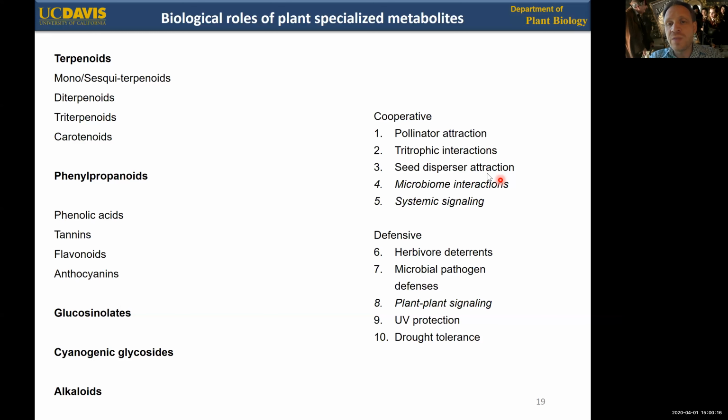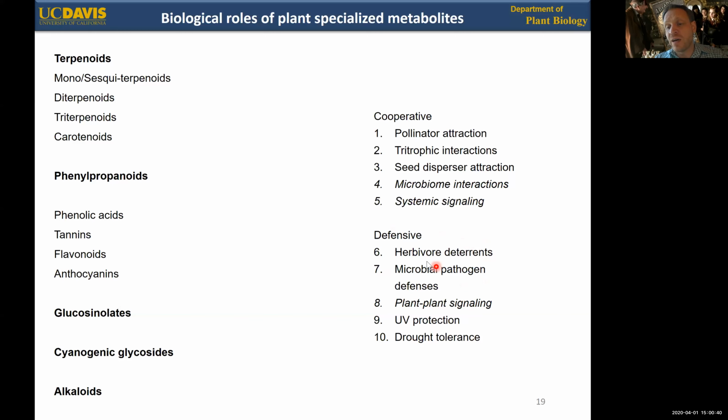Okay. And these can be cooperative or defensive, so I probably should have listed them already down here under defensive functions. Some of the major defenses are herbivore deterrents, so things that are bitter, that have anti-feedant functions. Many of these compounds are involved in microbial pathogen defenses.